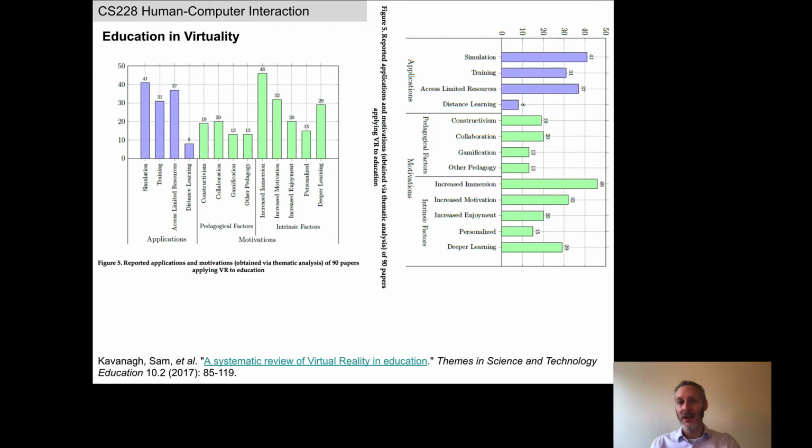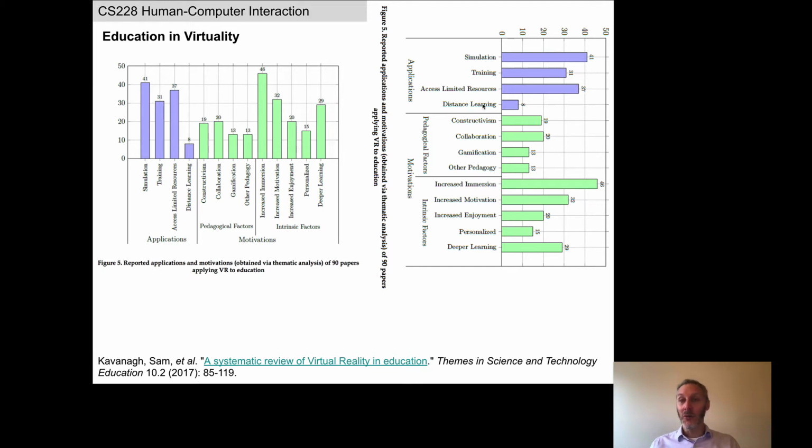It obviously makes sense. As we've all learned this past year, distance learning is a big challenge. There are ways to apply technology to distance learning. Some of those technologies work better than others, which again, we're all learning this year.